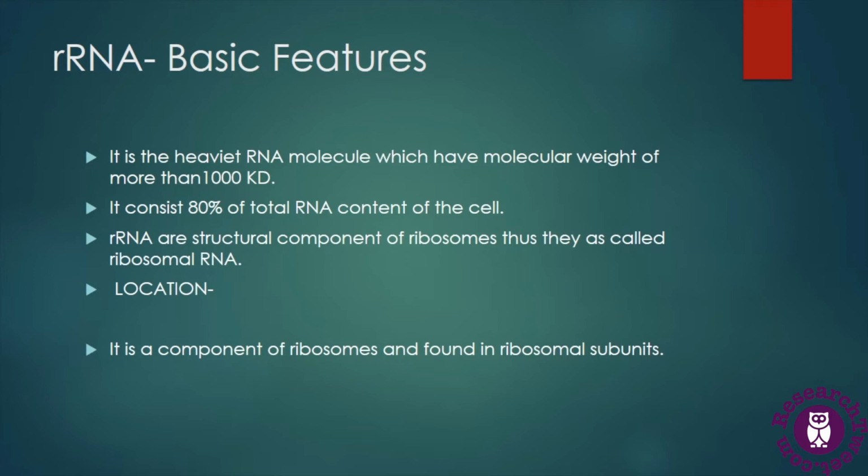And in eukaryotes, the rRNA occurs in four different forms, which are 28S, 18S, 5.8S and 5S rRNA. Now the question arises: what is the meaning of S here? The S means sedimentation coefficient.